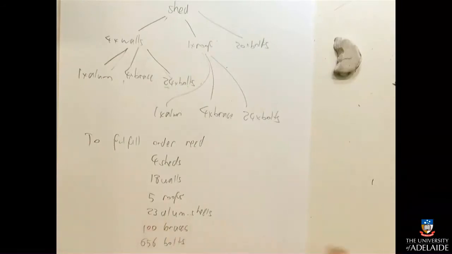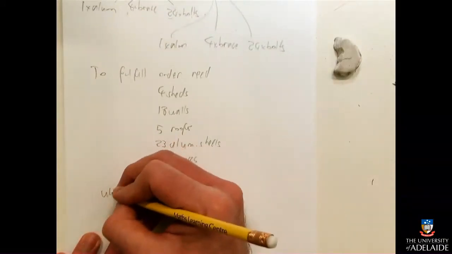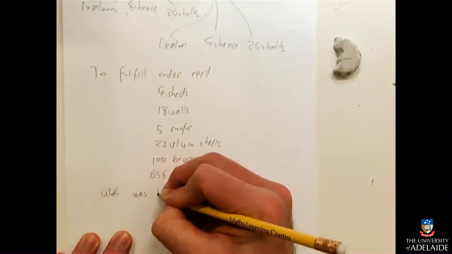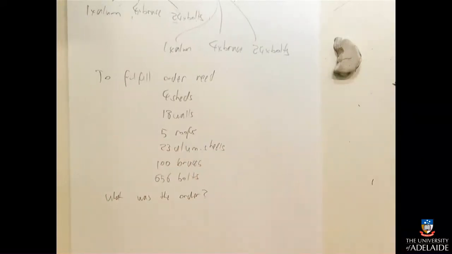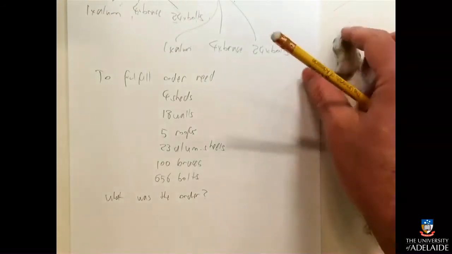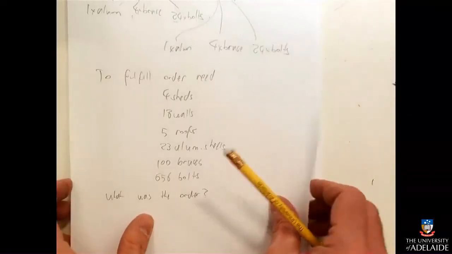Okay, and so then we're asking what the order was. My reason to make a guess at some part of the answer is so that when I calculate it, I can have an idea of whether I've done it correctly.